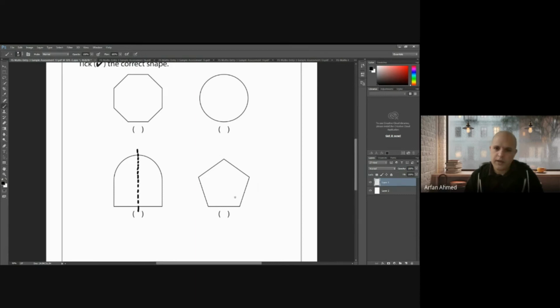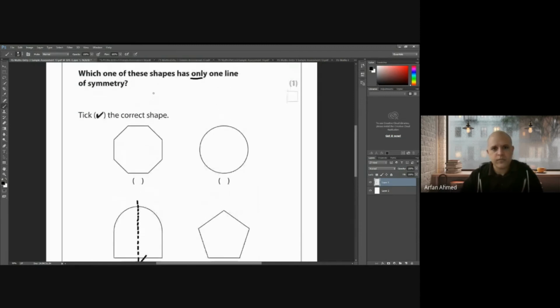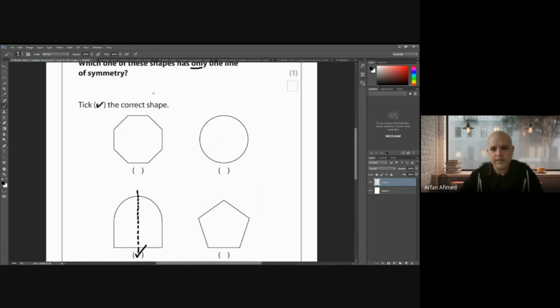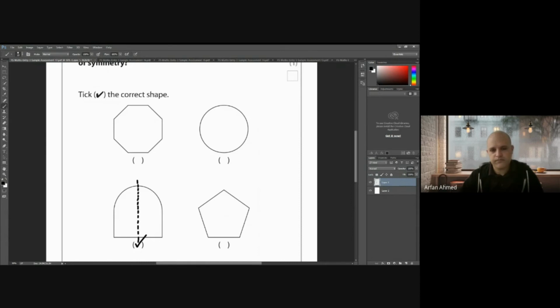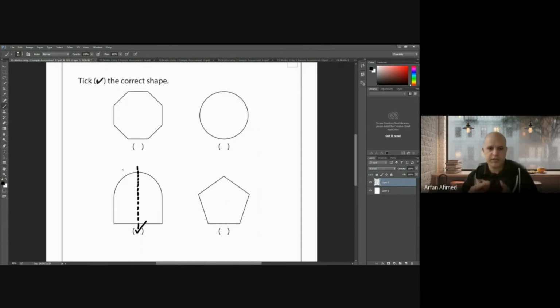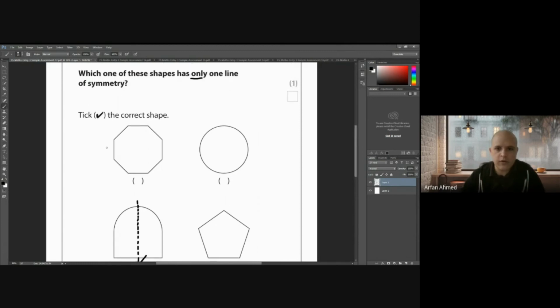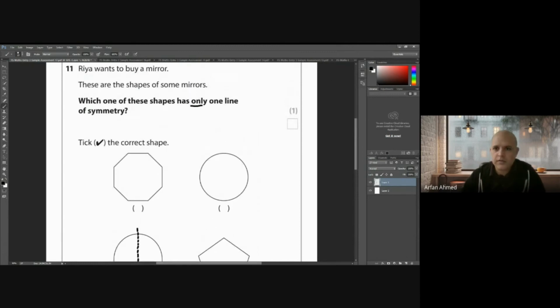And what's that? 1, 2, 3, 4, 5. That's a pentagon. That's got 5 lines of symmetry. It's definitely that one. Only one line. You can't fold that shape any other way where it folds in on itself. There's your answer. Dead easy. Let's move on.